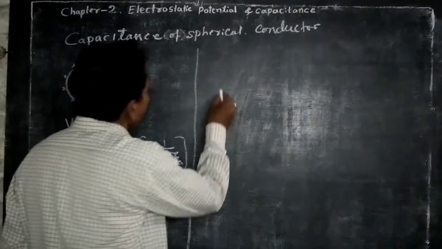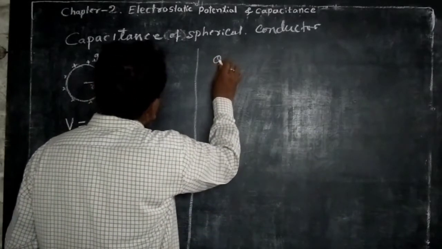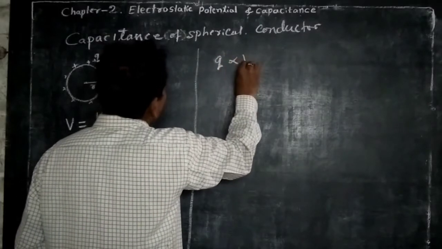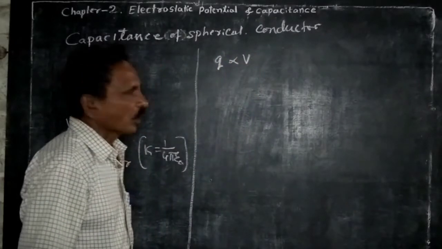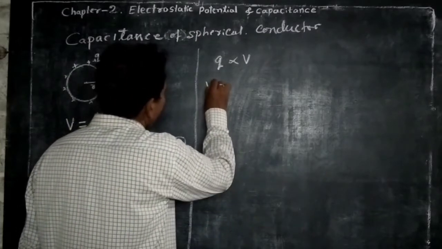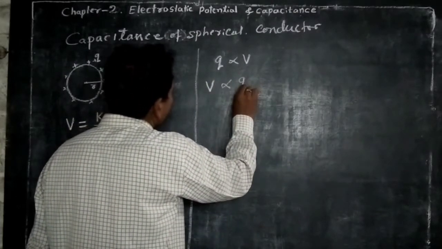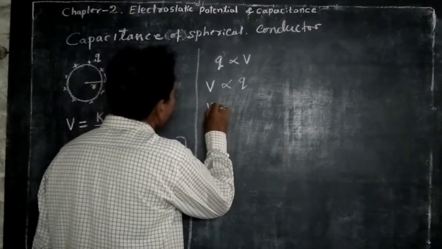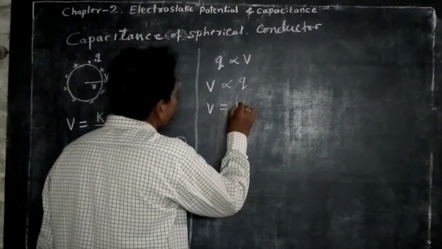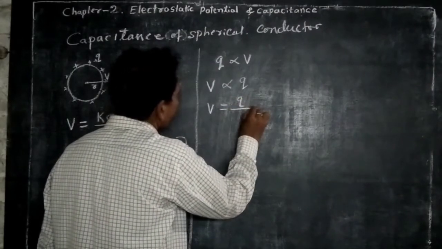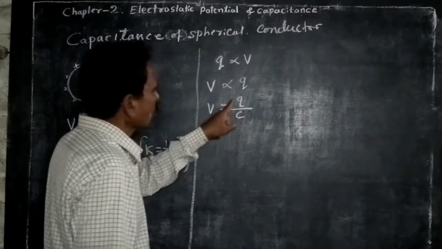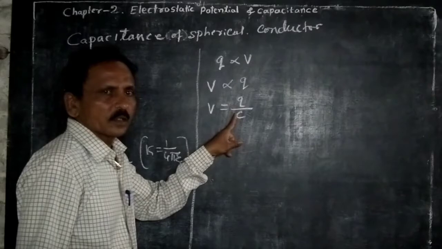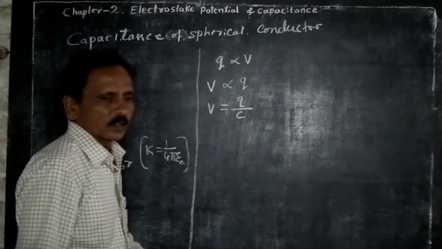That means charge q is directly proportional to potential, or potential is directly proportional to the charge, or phi is equal to q upon c. Here 1 upon c is the proportionality constant called the capacitance of the conductor.